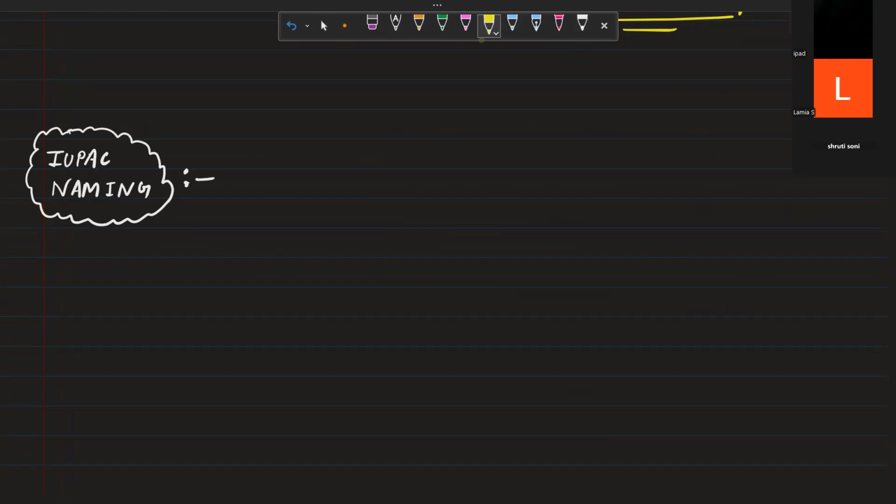Great, great. Okay, so what is IUPAC naming and why do we need it? It's a nomenclature, a system of naming compounds and classifying them.